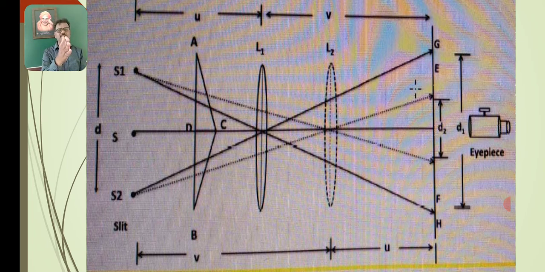If the lens is moved towards the screen, to position L2, then we will get diminished images. Again note down the distance between the images, say d2. By knowing d1 and d2, we can determine the distance between the two virtual sources, say small d.